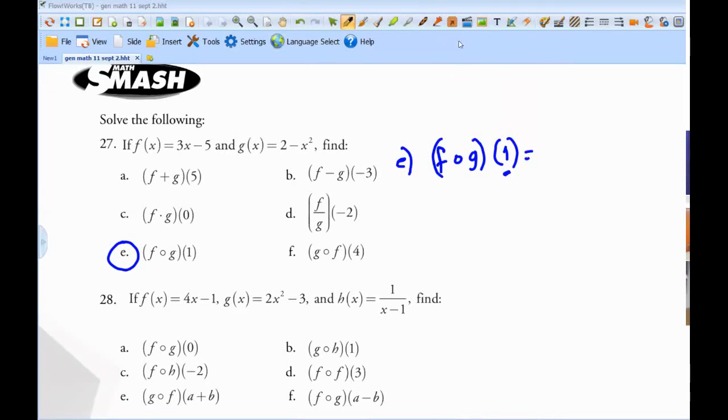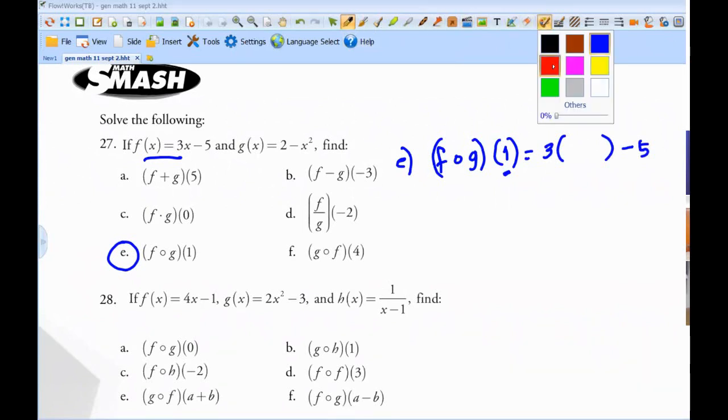So this is your f of x. So whatever is inside the x of f of x should be your g of x. So 3, then open bracket, minus 5. So we will write what is in g, right? That is f circle of g.